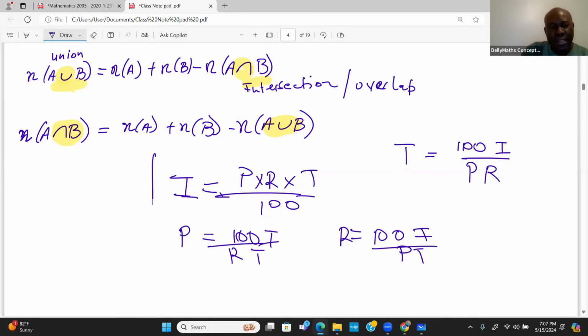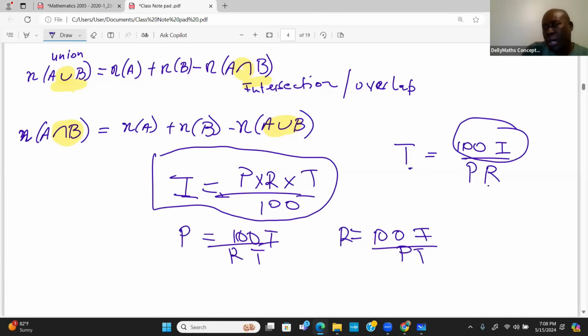The unique one is this: 100 is at the bottom for this one. But for the other ones, interest and 100 are at the top and the other 2 at the bottom. If I want T, PR at the bottom. Interest is always at the top. So you could figure out how to navigate and how to move as you go.